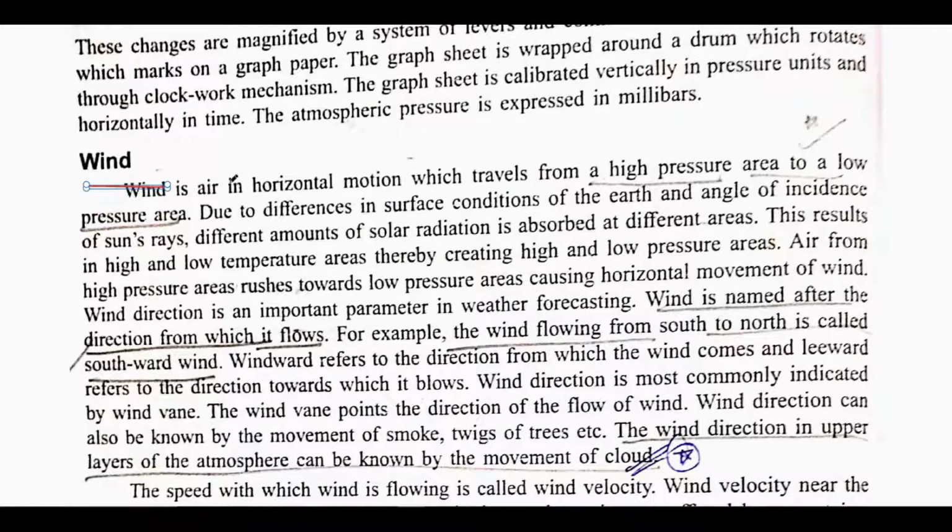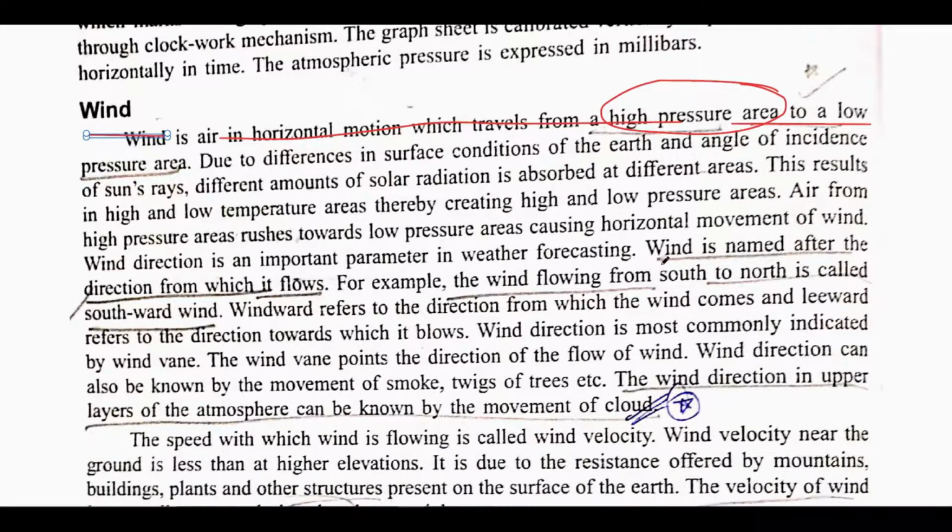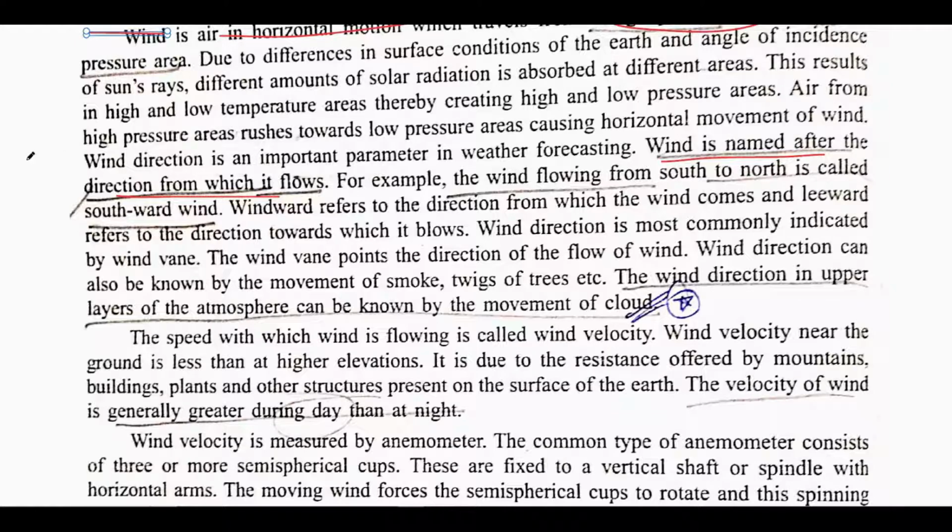Now wind is a horizontal motion which travels from a high pressure area to a low pressure area. So remember that it moves from high pressure to low pressure, while wind is named after the direction from which it flows. For example, if wind is blowing from south to north, then the wind will be named as southward wind, named after the side from which it is blowing.